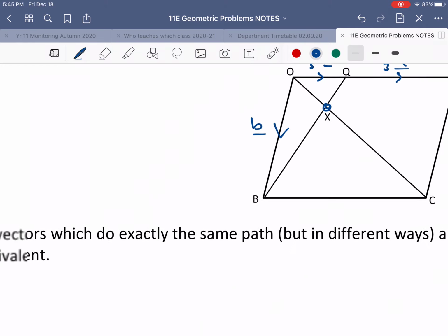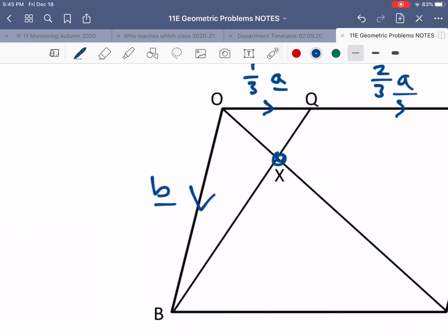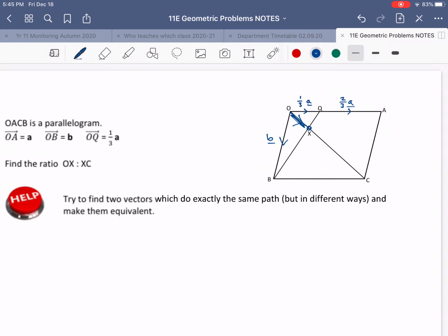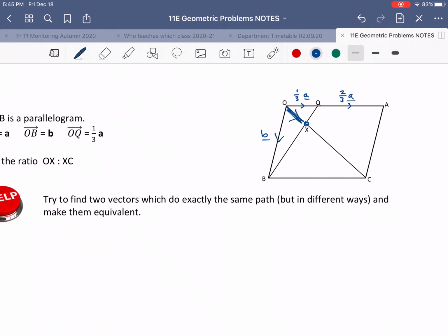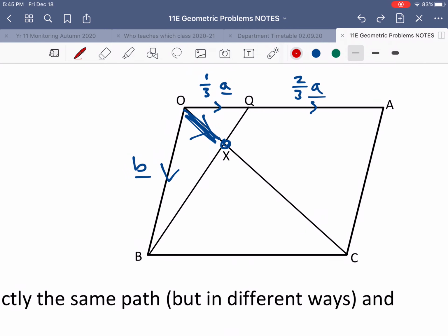So we're going to write two statements to get from O to X. So the first one, I'm literally going to try and go from there to there. Right, so I'm going to go along this diagonal. The other one, I am going to try and use this diagonal instead. So I'm going to go along there and then down that way.